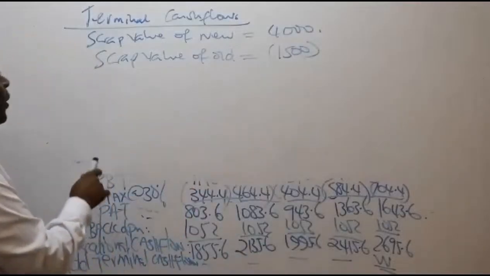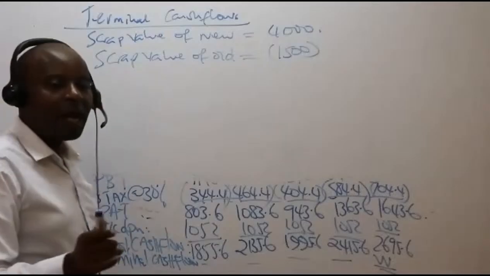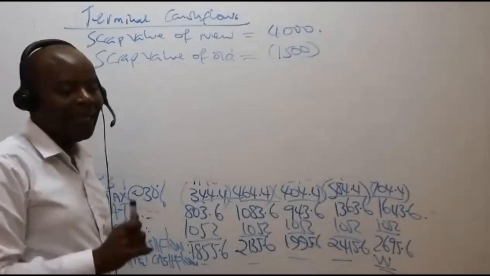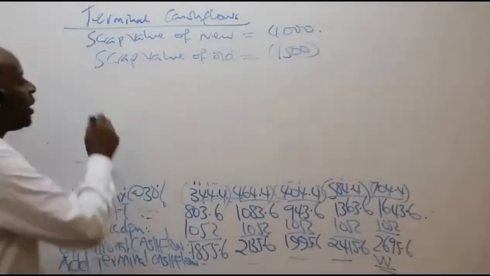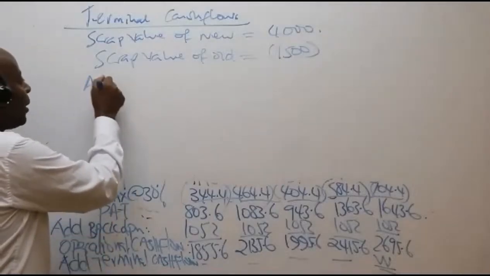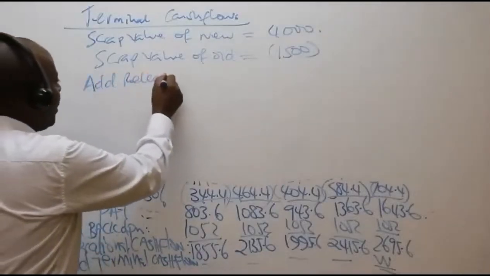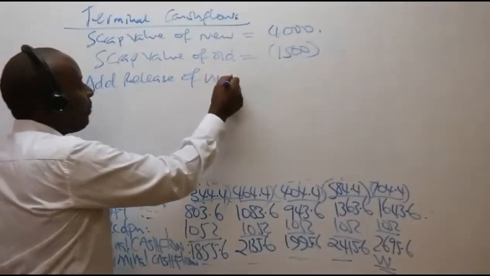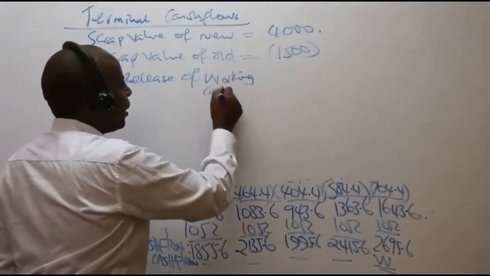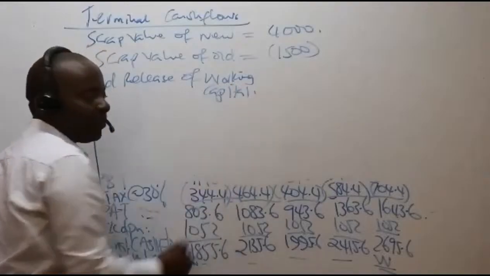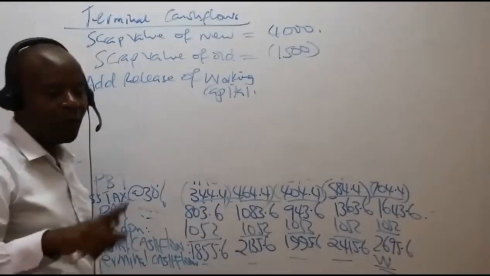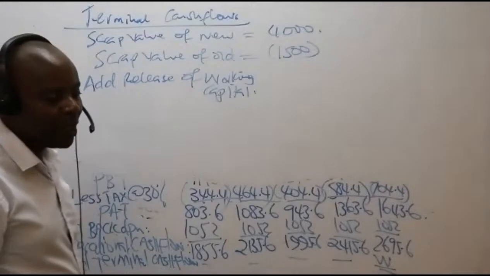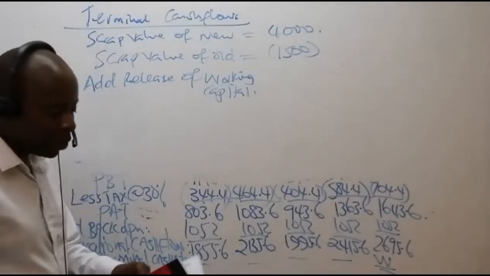Then, ladies and gentlemen, when we terminate this, we have working capital being released. So add the release of working capital. Remember, working capital is normally injected at the beginning of the period and it's normally released at the end.